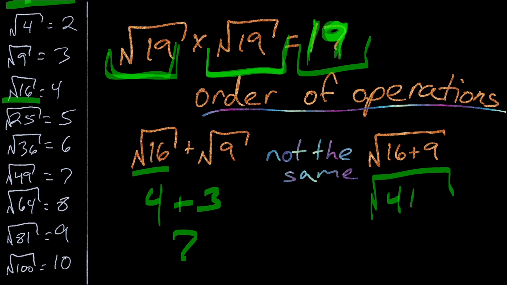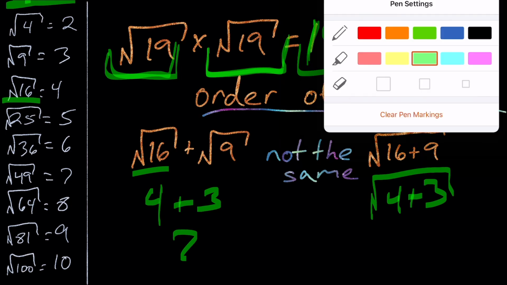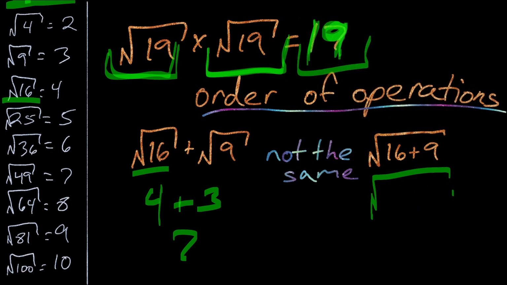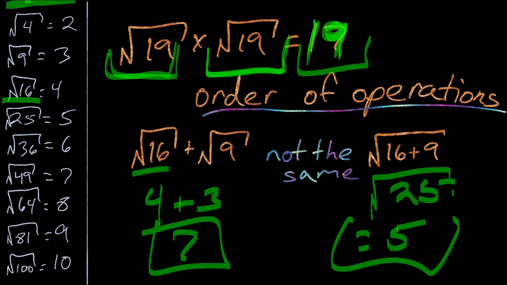So this is 4 plus 3, and then that, oh geez, I don't know what's wrong with me today. Sorry, 16 plus 9 is going to be 25, and then I square root, and that's going to be equal to 5. So notice that those numbers are different.